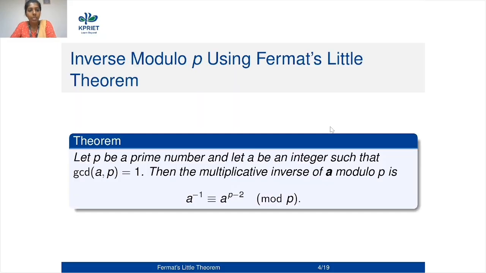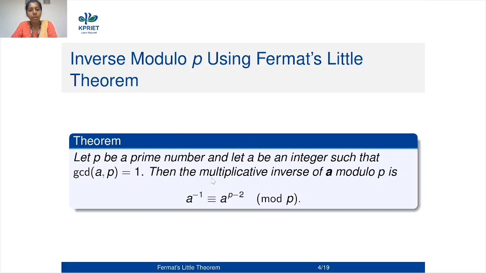And in this video, we are going to use another theorem, that is to find the inverse of a number a modulo p, and for that situation also we can use Fermat's little theorem. This theorem states that let p be a prime number and let a be an integer such that GCD of a and p is equal to 1.